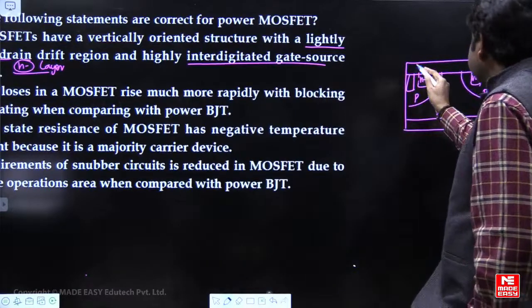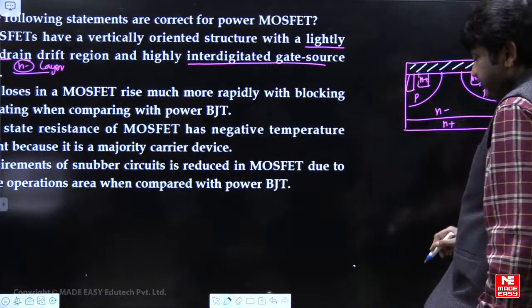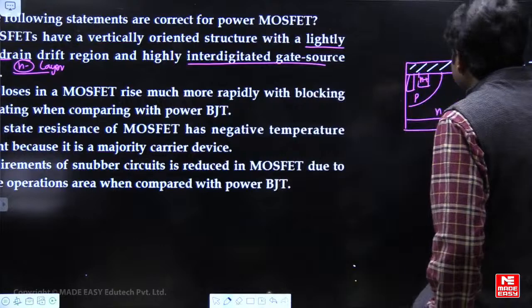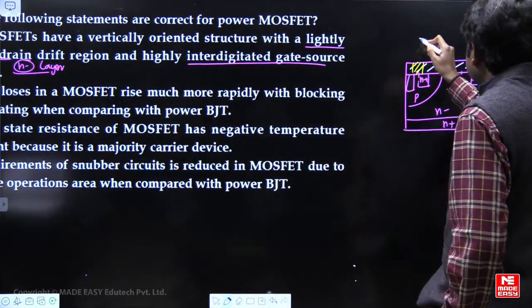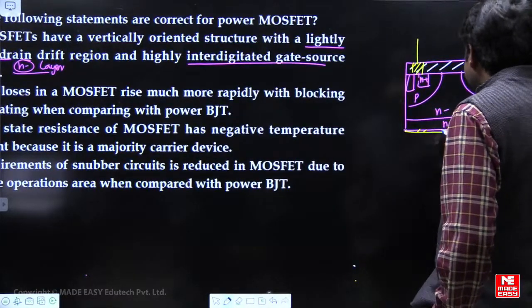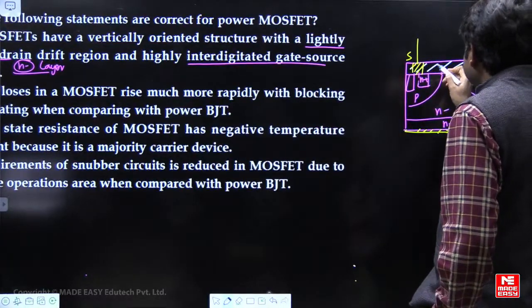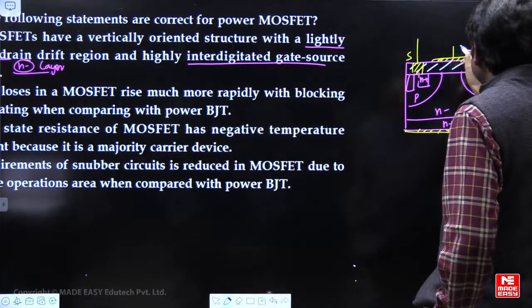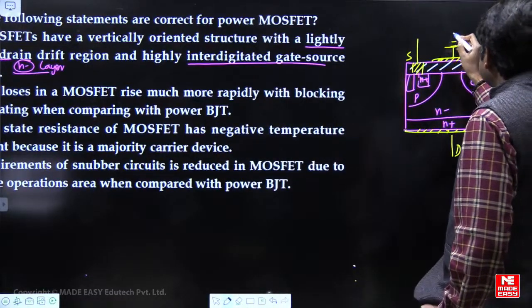Then here we connect the metallic surface to take the drain terminal, and this is the source. And somewhere here we have the gate terminal, plus and minus.